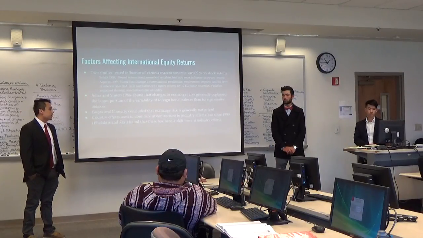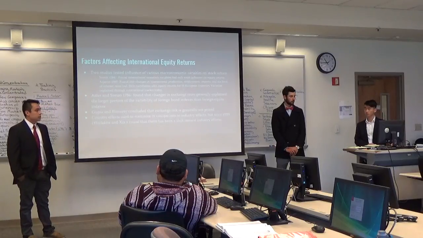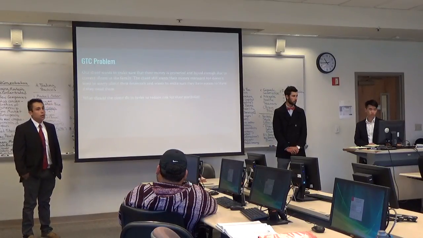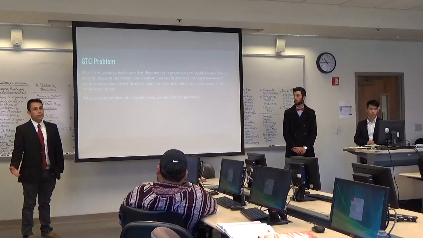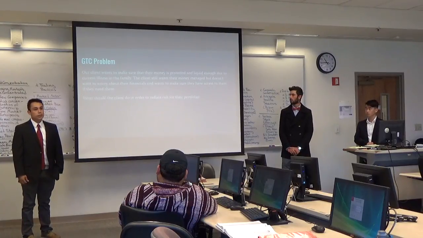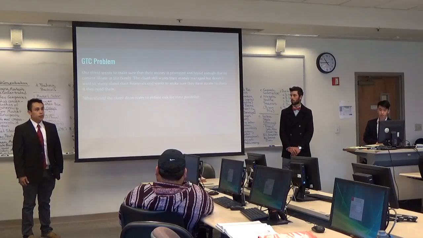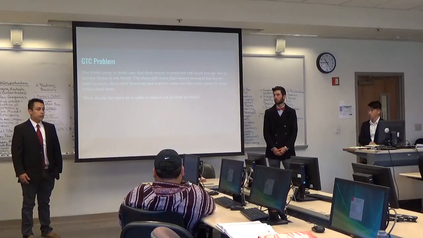So basically, we have a client that has an $8 trillion account, and they have an illness in the family, so they don't really want to focus on finance. What they want us to do is take the money and get them at least 5% a year without any worries at all.